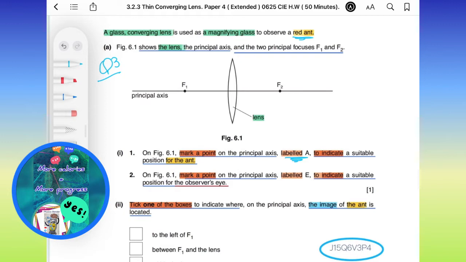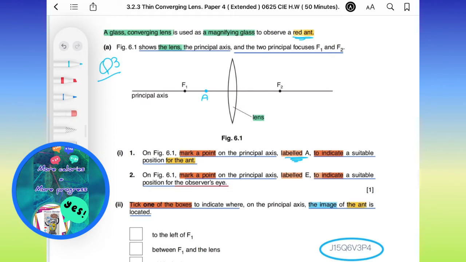As we said earlier many times, the object should be located between the focus and the lens, preferably closer to the lens. So the expected position here could be A.